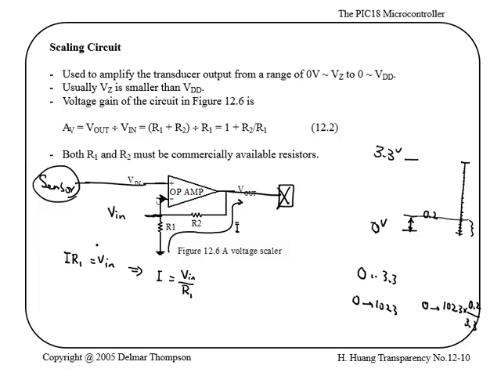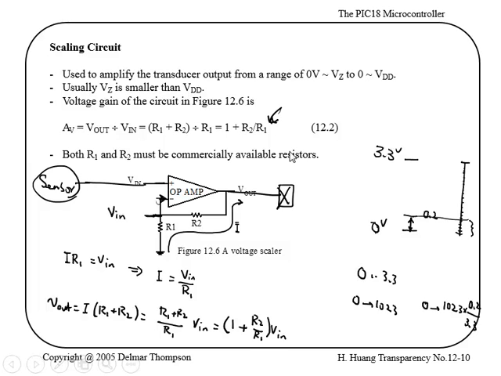Now, what is the V out? V out is going to be I times R1 plus R2, which is going to be R1 plus R2 divided by R1 times Vn, which is equal to 1 plus R2 over R1 times Vn. And that's this equation that you have here.